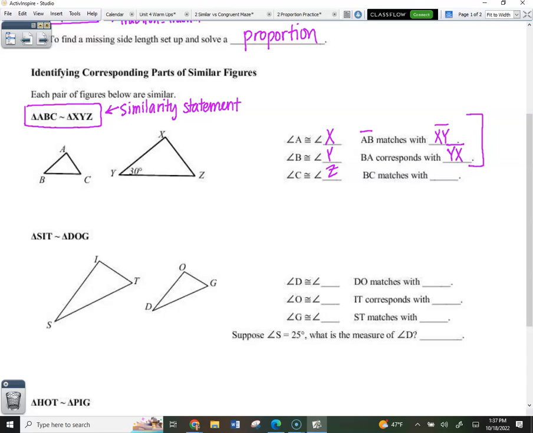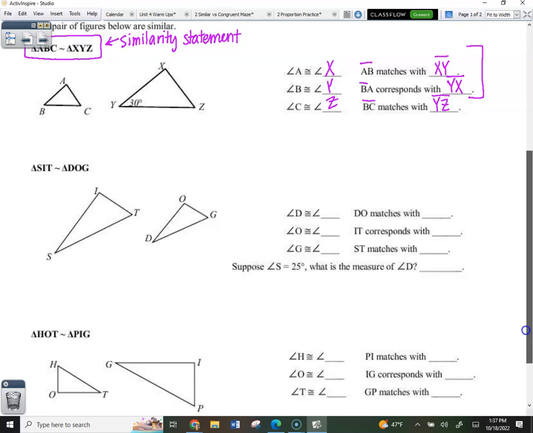Or do they mean the same thing? Why do they mean the same thing? They're the same lines. All they did was reverse the letter order, which does not change the line you're looking at, right? What about BC matches with YZ? What lines are those?